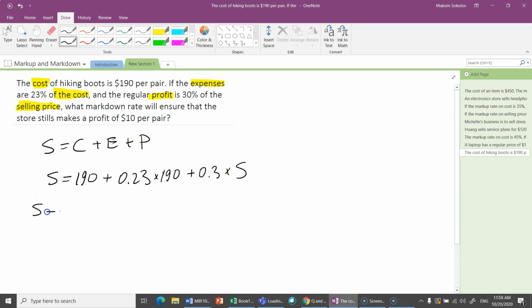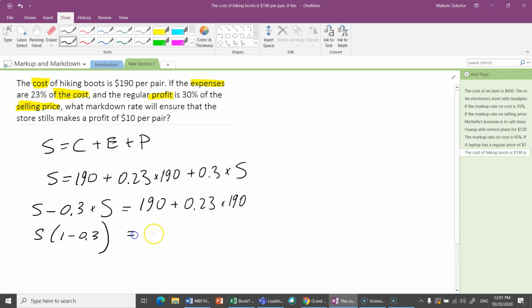We collect all unknowns on the left side, and all that we know will be on the right side. We will factor out S, and we'll find this S from this equation.